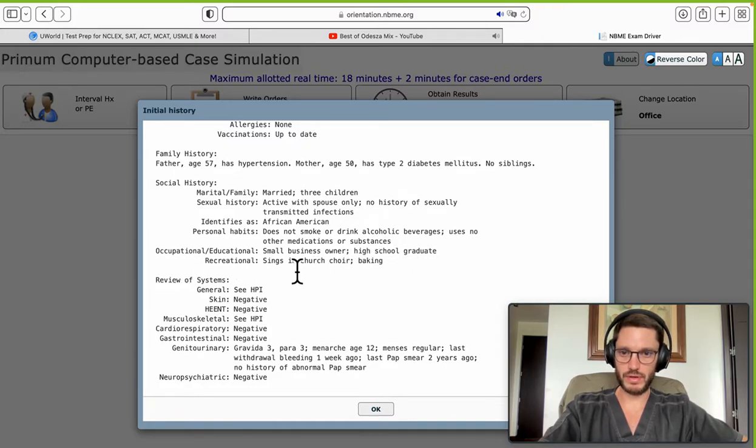Occupational: small business owner, sings in church choir, and likes bacon. Review of symptoms, everything seems negative. Gravida 3, para 3, menarche at 12, regular withdrawal bleeding 1 week ago, everything is normal.